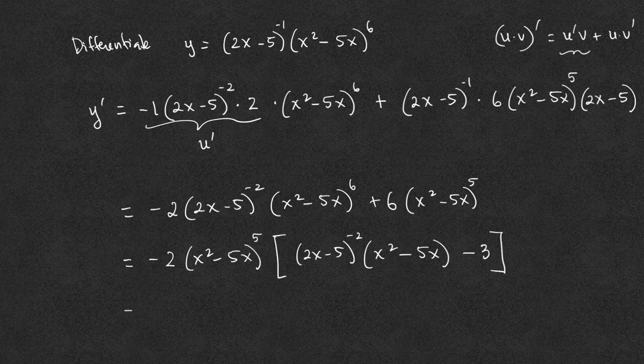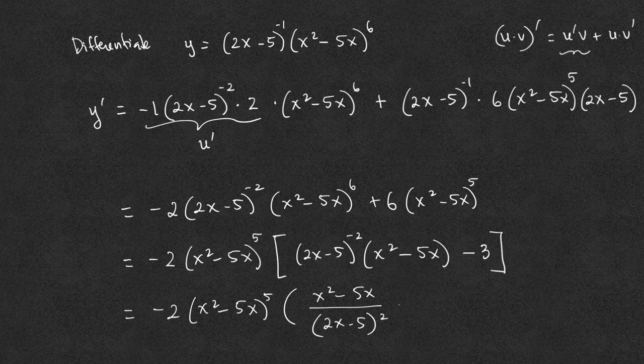And so the answer is negative 2 x squared minus 5x to the fifth power times x squared minus 5x over 2x minus 5 squared minus 3.